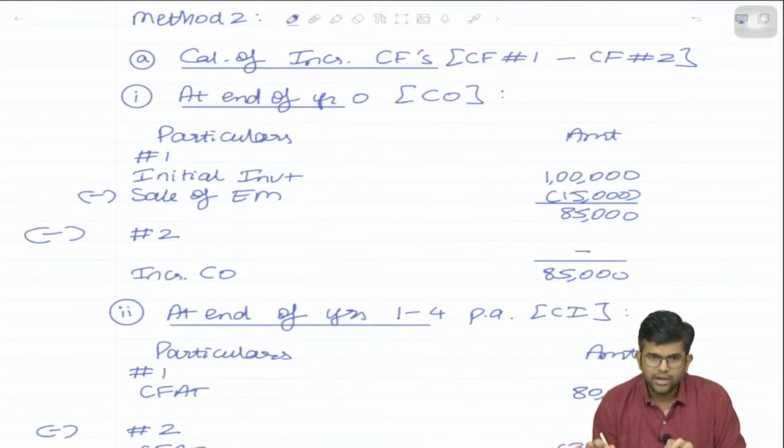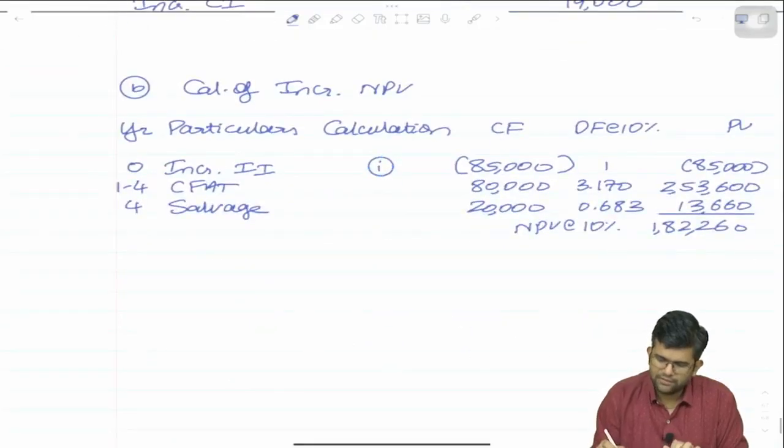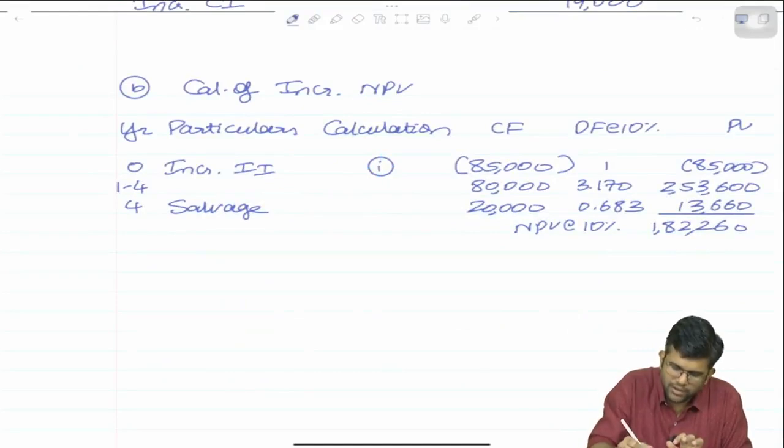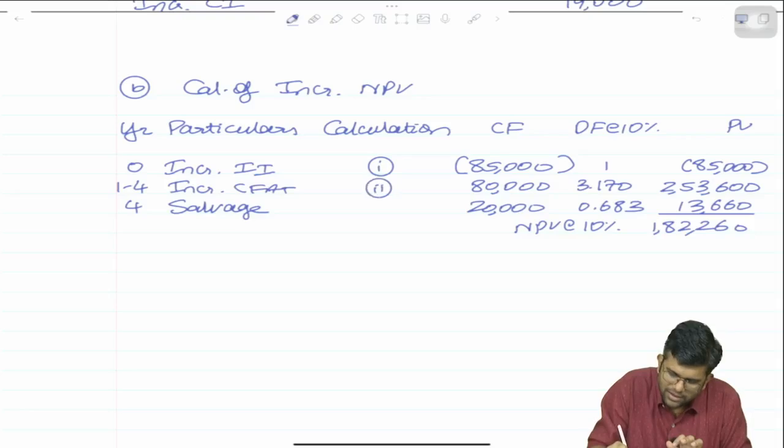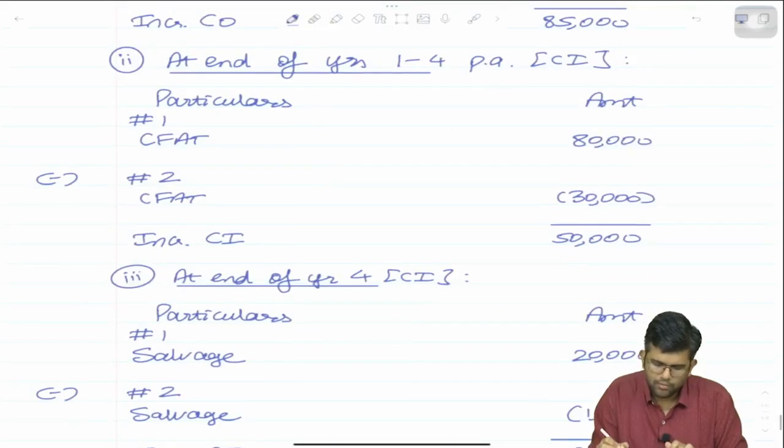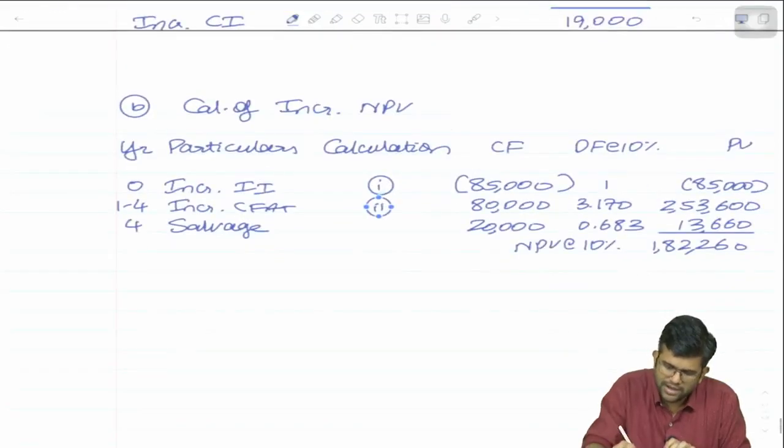Everyone ready now? 85,000. That only 85,000 I am writing here, and that continues. Then for years 1 to 4, I will be taking incremental CFAT, which I calculated in point number 2 above. Point number 2 tells me incremental CFAT is rupees 50,000. So instead of taking 80, I will now be taking 50.